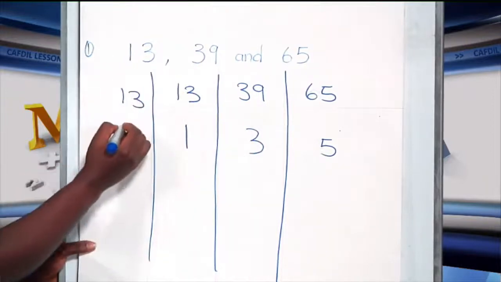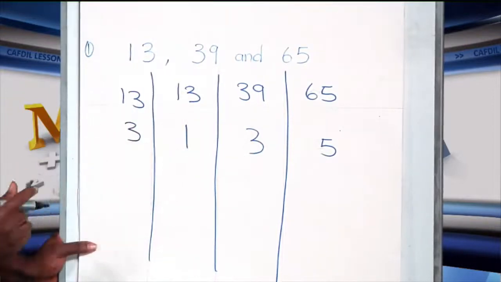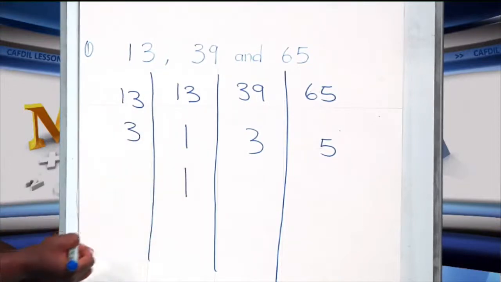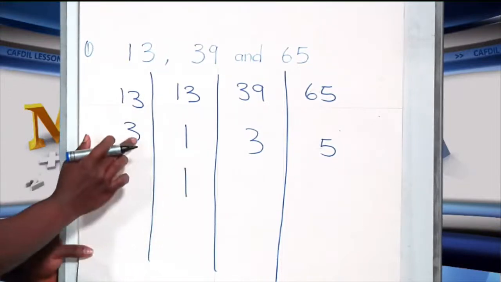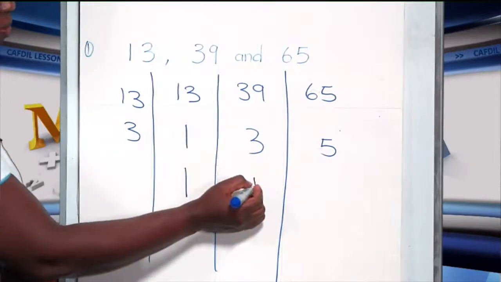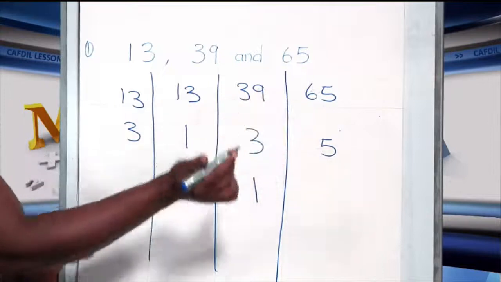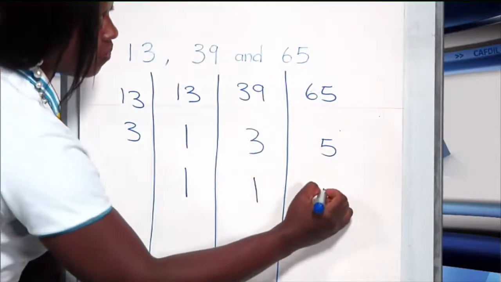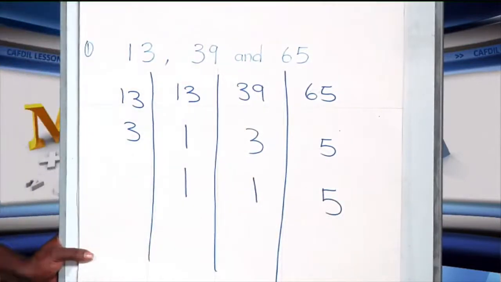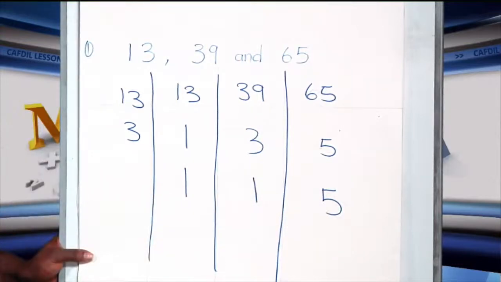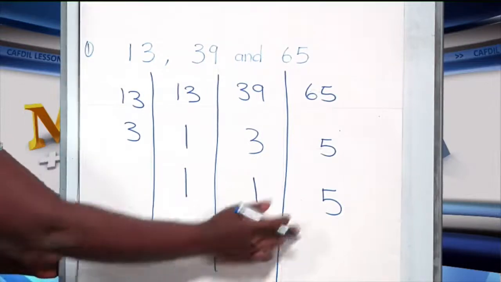We can use 3 because 3 can divide itself. 3 can't divide 1, so we write it here again. 3 goes into itself once. Now, 3 cannot divide 5, so we repeat the 5 here. We have 1, 1, and then 5.